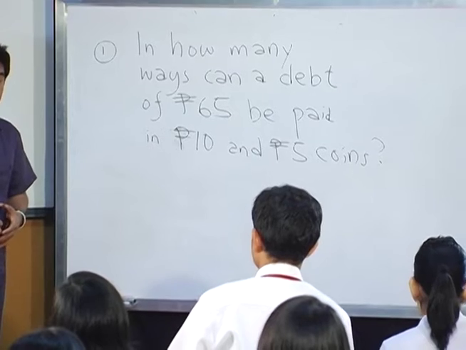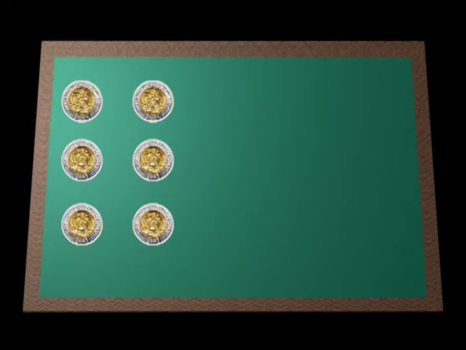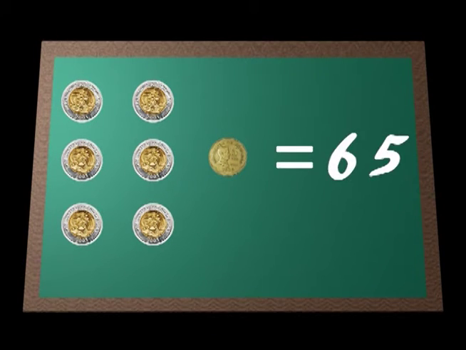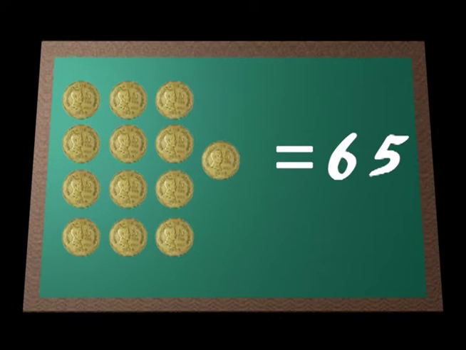Of course, 65 is very small. One way of paying it is if we have 6 tenths and 1 five. Or we can have no tenths, but we can pay it purely in 5 peso coins. So we have 13 coins.